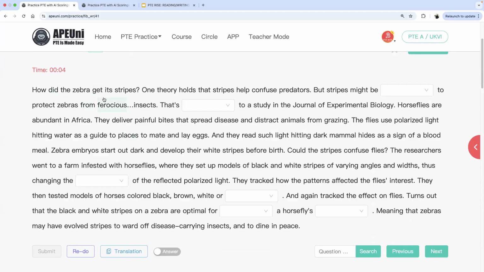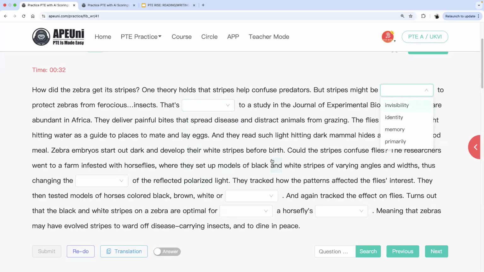How did the zebra get its stripes? One theory holds that stripes help confuse predators, but stripes might be dash to protect zebras from ferocious insects. Might be dash to protect.